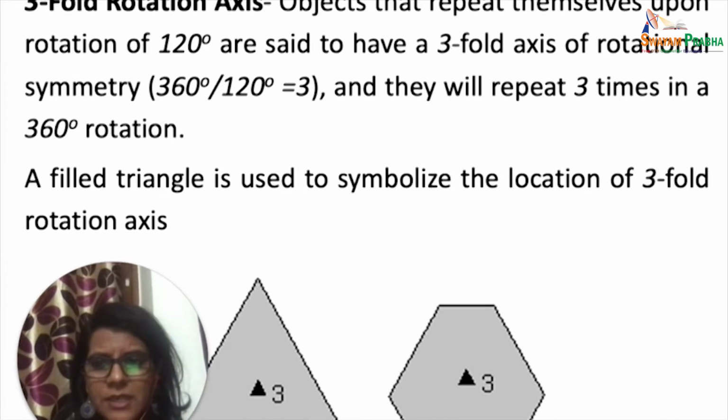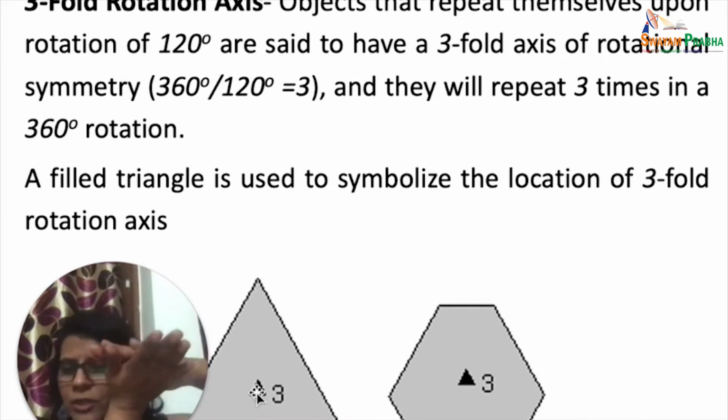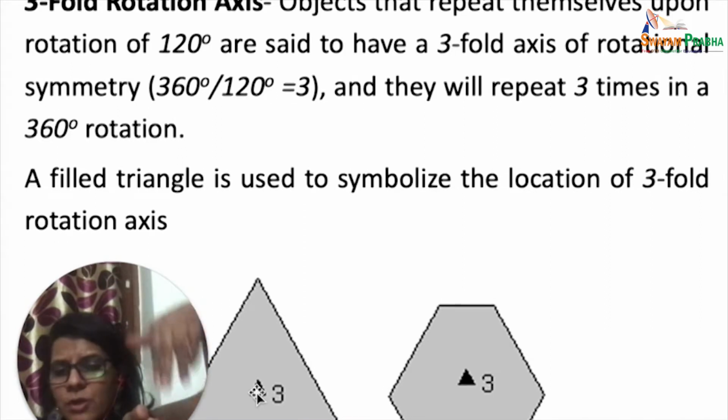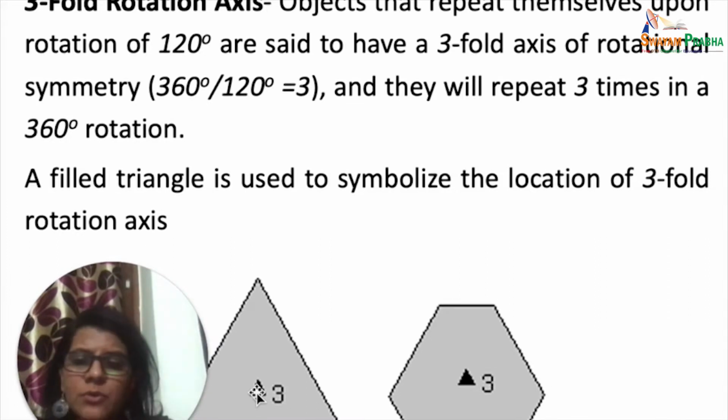So this triangle, a filled triangle, is used to symbolize the location of the threefold axis. Just imagine an imaginary line which is coming towards you from the screen, or if you're drawing it on paper, perpendicular to the plane of the paper, and you give it a rotation.